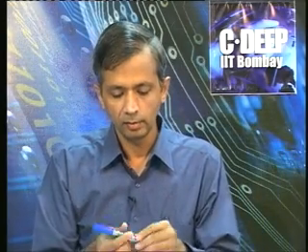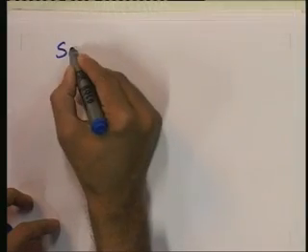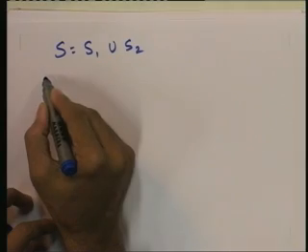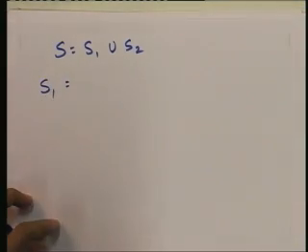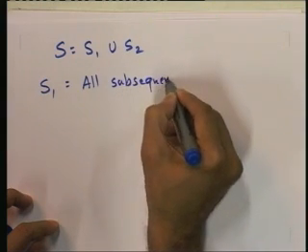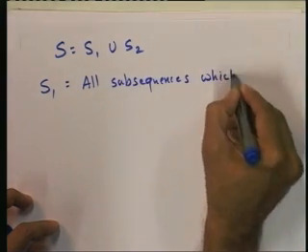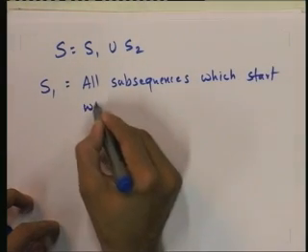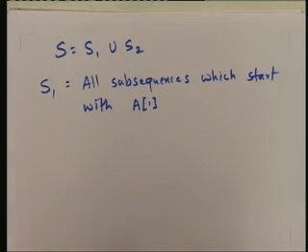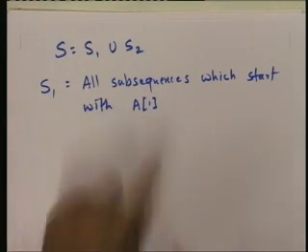So, let me give you another strategy as well. In this strategy, we are going to take S and we are going to partition it only in two subspaces. So, let me tell you what S1 is going to be. S1 is going to be all subsequences which start with the first letter of A. So, remember, A and B are known to us, and so we can ask questions about what A1 is.